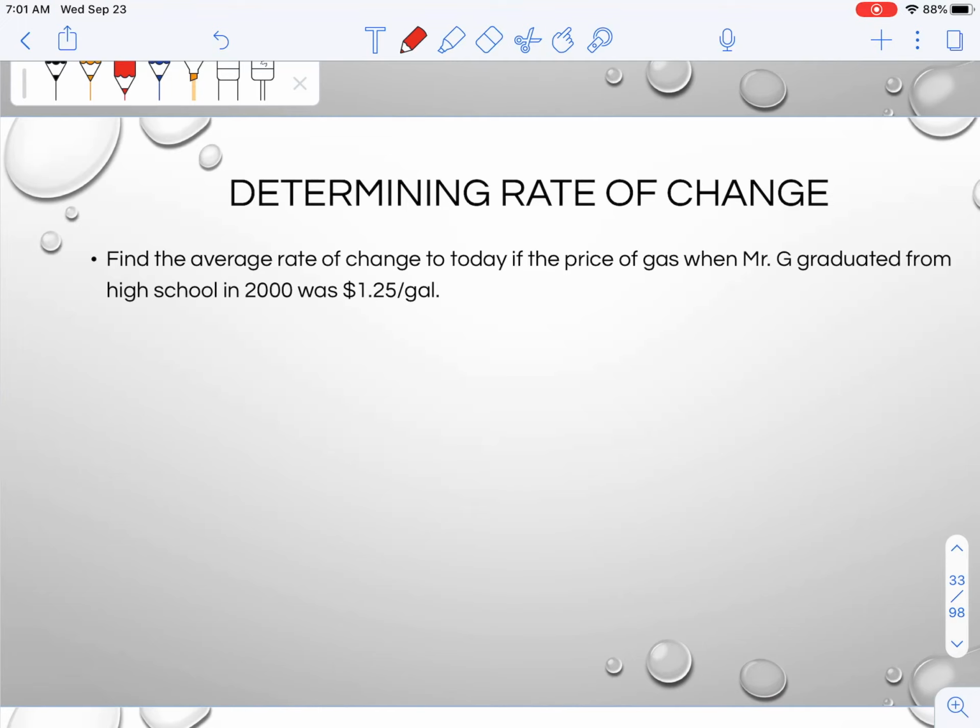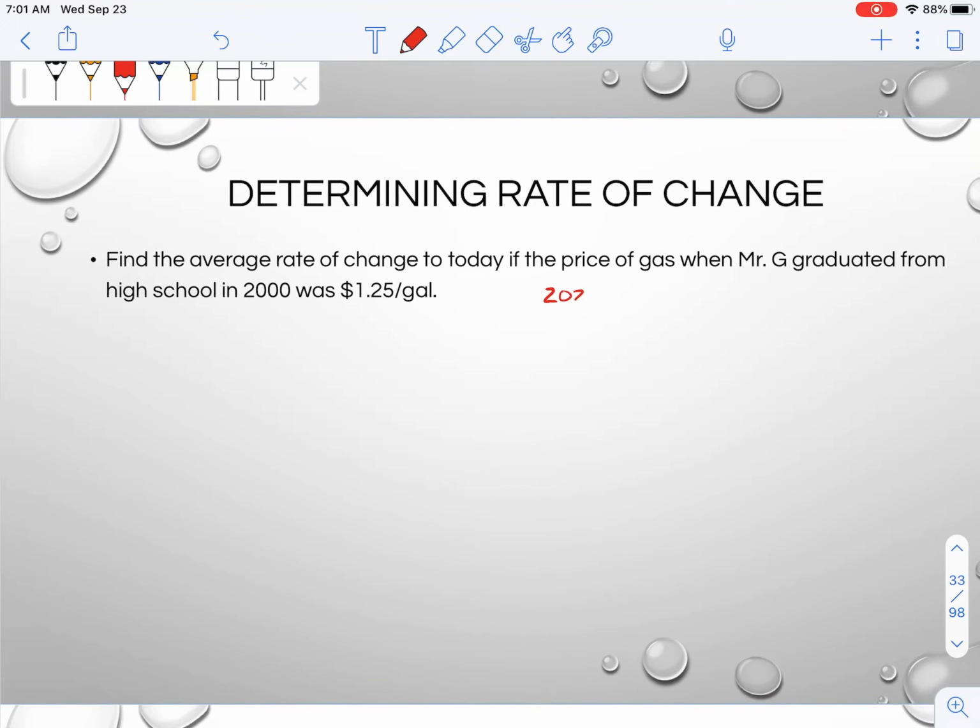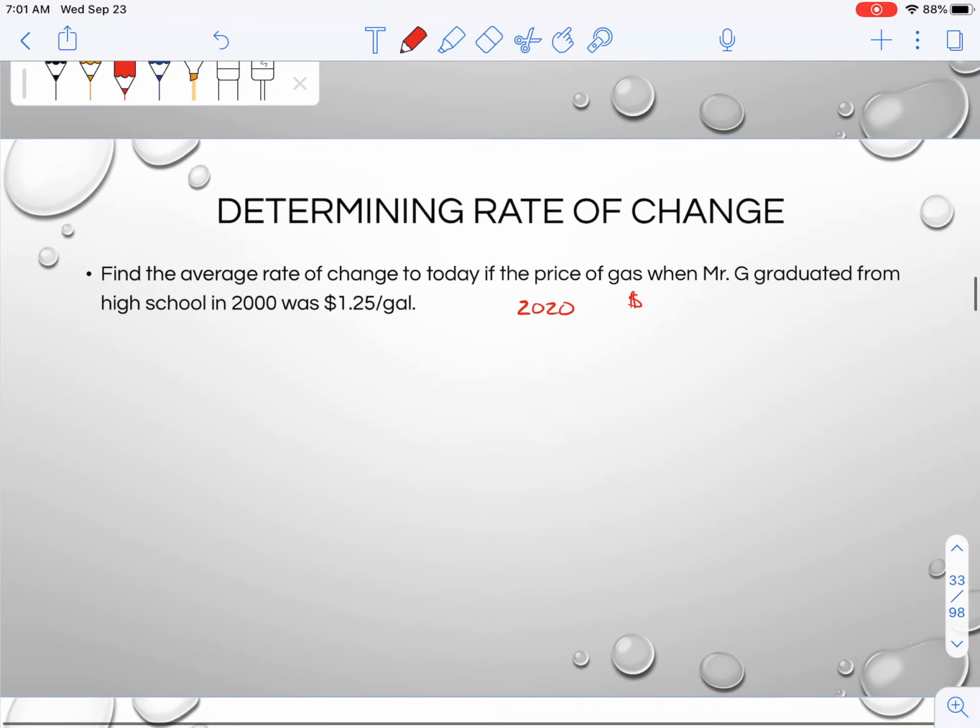So let's assume that. Here today we are in 2020, and I paid, let's say, $2.70 for 87, because most vehicles are using 87. So I want the delta y over delta x, or y sub 2 minus y sub 1 over x sub 2 minus x sub 1.